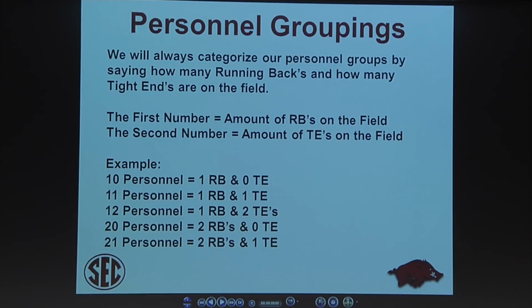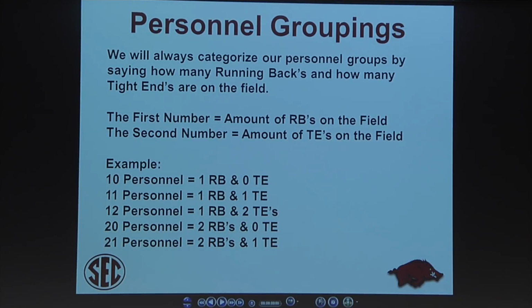And the reason being is because a lot of that is how defenses sub. So for example, if you see 10 held up, or you hear someone on the sidelines going, hey, they're in 10 personnel. That's 1 running back and no tight ends. Okay, so if you saw 1 running back and no tight ends, would you want to be in your base defense with a true Sam backer in there?